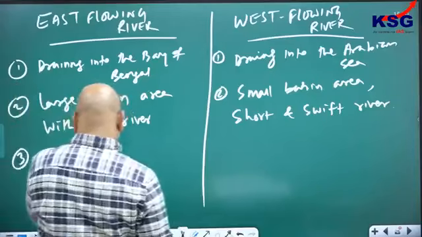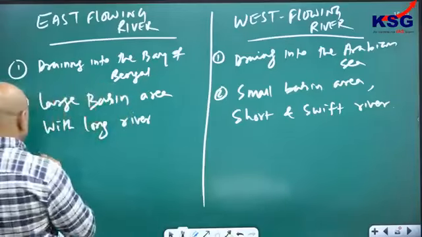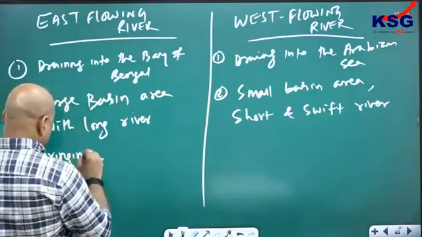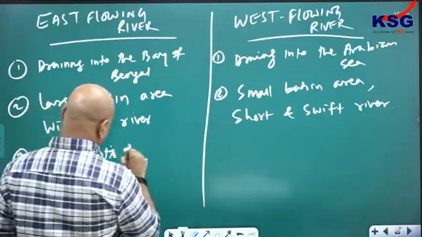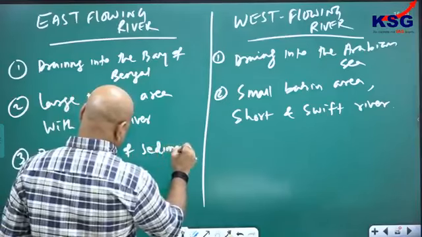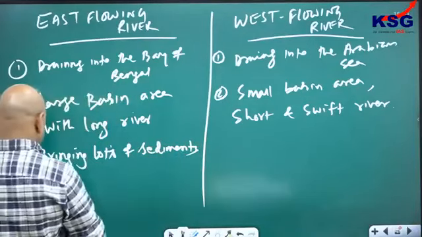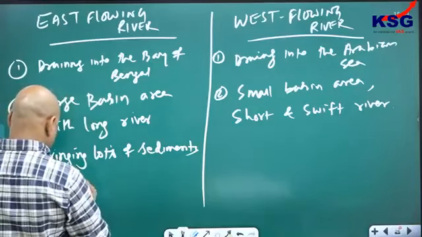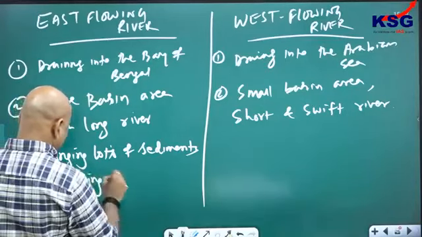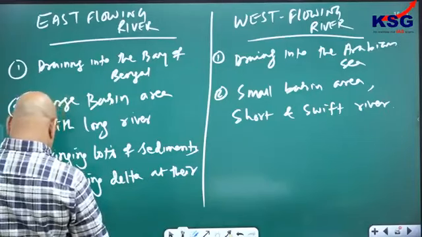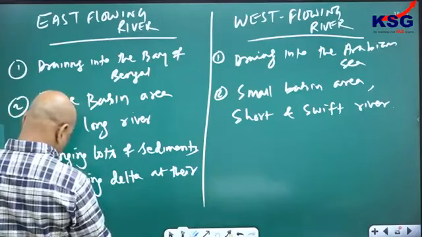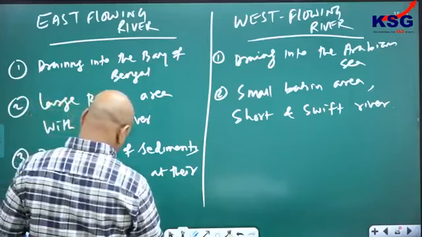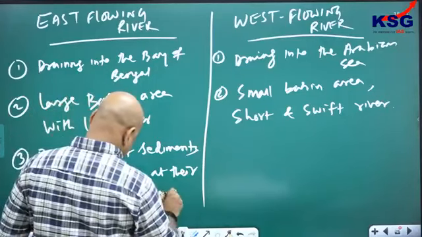Third point, east flowing rivers are bringing lots of sediments and developing delta at their mouth due to sedimentation.